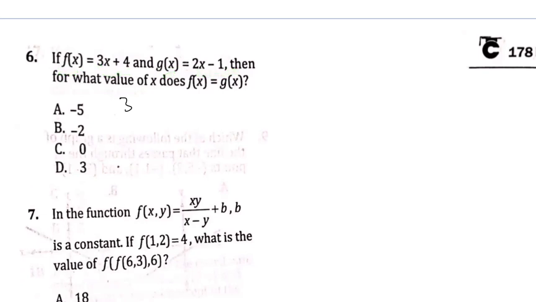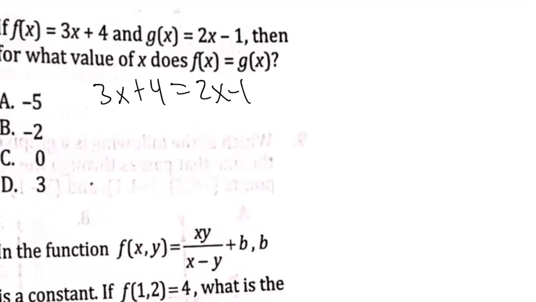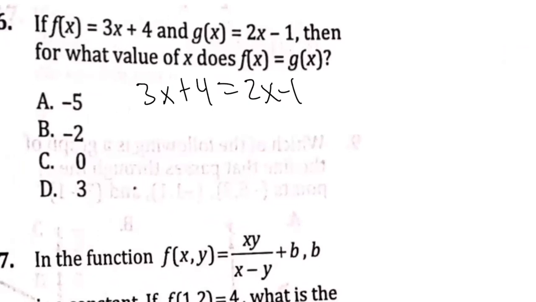So we have 3x plus 4 is equal to 2x minus 1. Always subtract the smallest x first. That leaves you with x plus 4 is equal to minus 1.